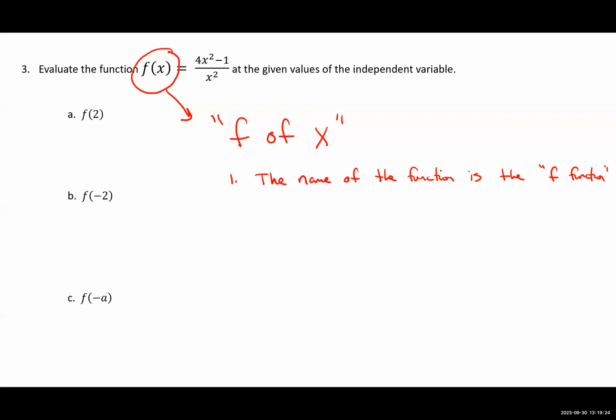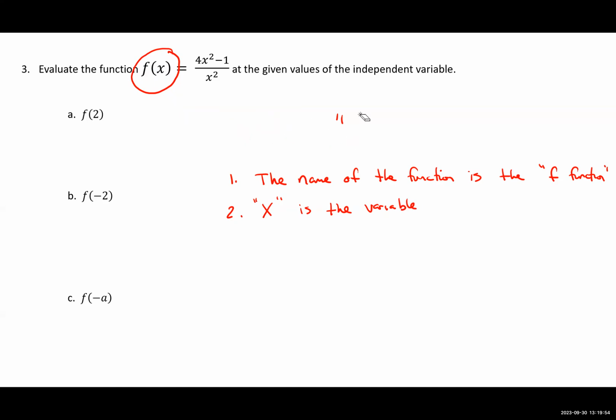Now we have to give them names because if we talk about two different functions, we can't call them both f of x. We may have in one problem an f of x and a g of x, or an f of x and a g of x and an h of x, right? Each function has to have a different name. And then the x in parentheses is saying x is the variable, right? So that's what the notation means, the f of x.